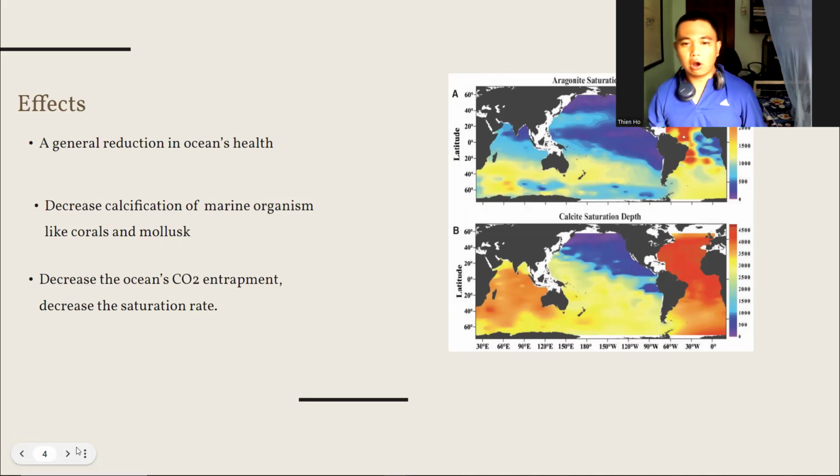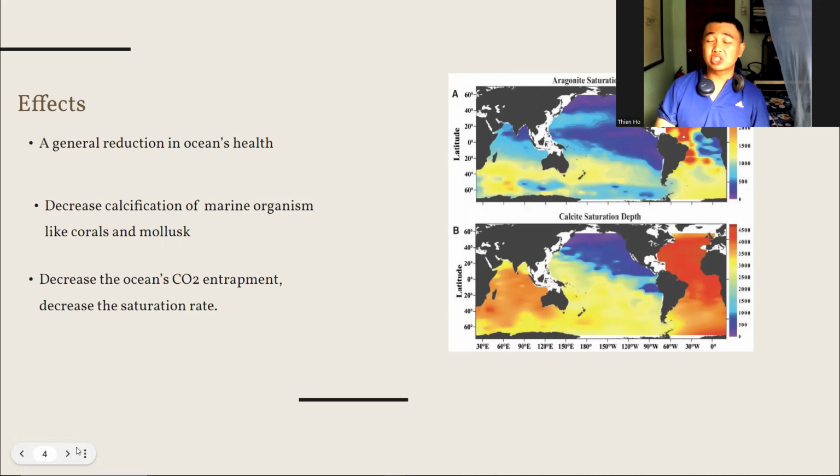Next is the decrease of the ocean's CO2 entrapment. What does this mean? As I said, the ocean absorbs CO2, and it doesn't only hold carbon dioxide in that way. It could create sediments, and the sediment is more stable at high pH and in the deep sea. When the CO2 level rises, the pH starts to decrease.